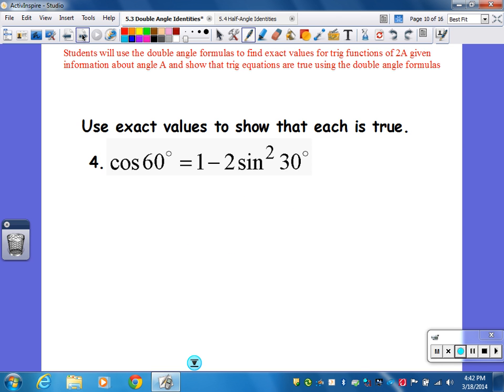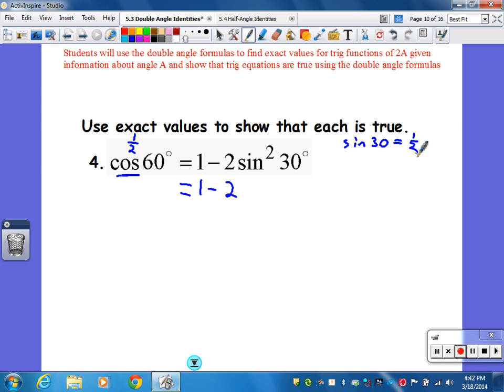Next page. Okay. Here's where we're getting a little bit different now. We're trying to use exact values to show that each is true. Right away with this one, I see cosine 60 degrees. Looking at my unit circle, I should think to myself, this is 1/2, okay? Now I have 1 minus 2 times sine squared of 30 degrees, and sine of 30 degrees is equal to 1/2.